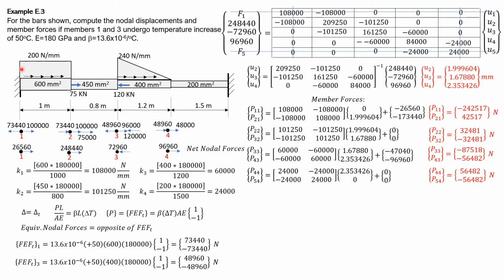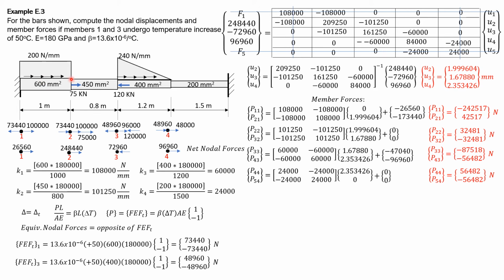Then for the nodal force for this member, this is rightward. So it is just half of the area. 200 times 500 is 100,000 newtons. So rightward. There's no problem with this because we already mastered how to compute the equivalent nodal force.